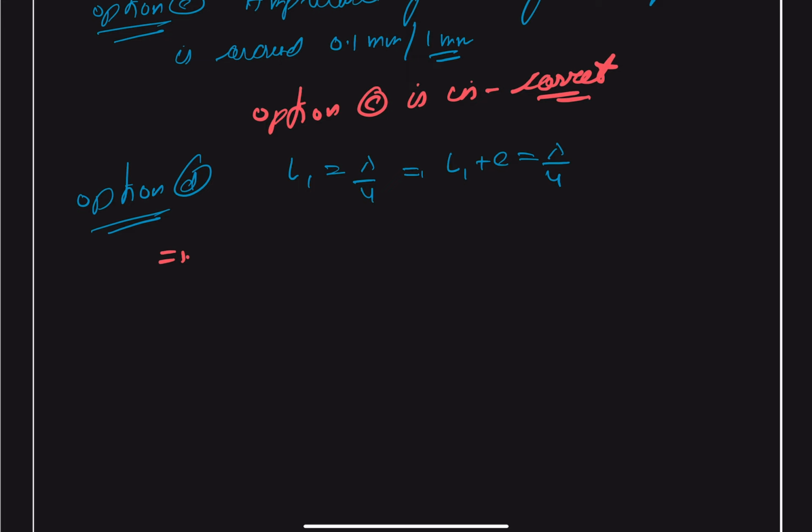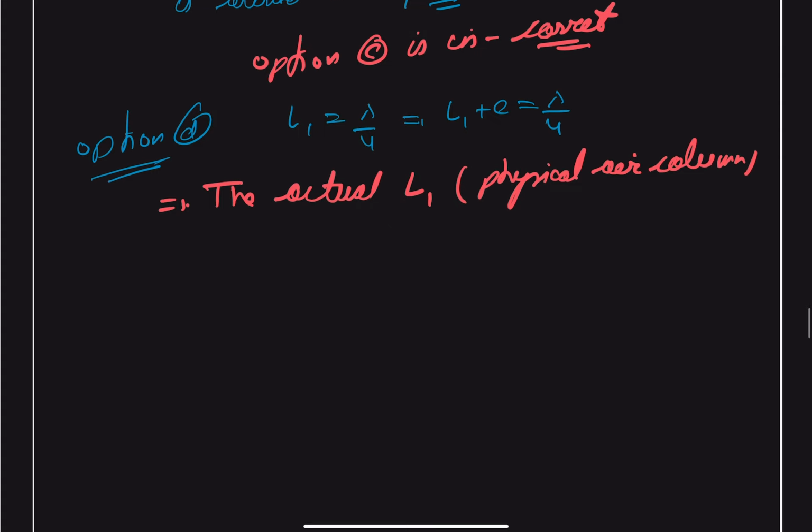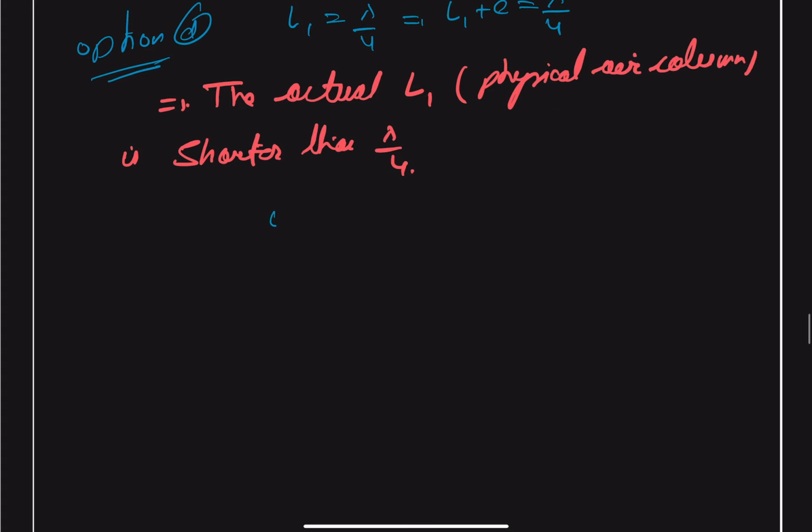Therefore, the actual L1, which is our physical air column, is shorter than lambda by 4. So option D is correct.